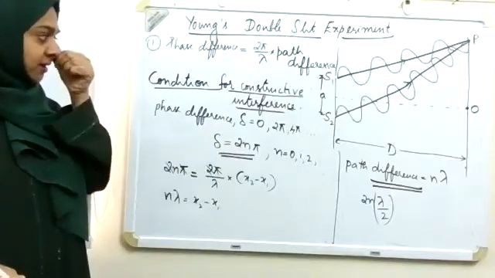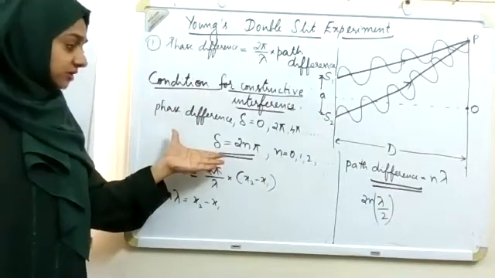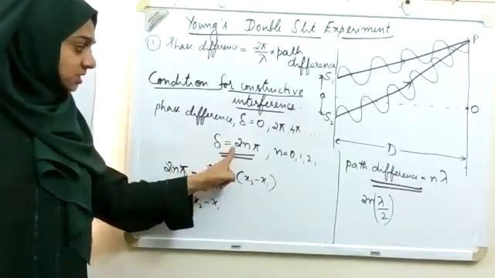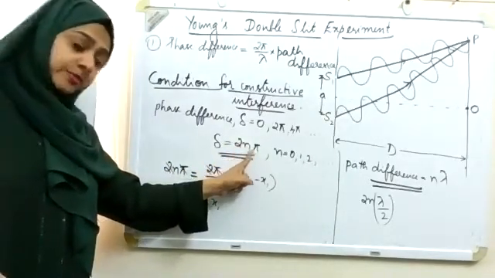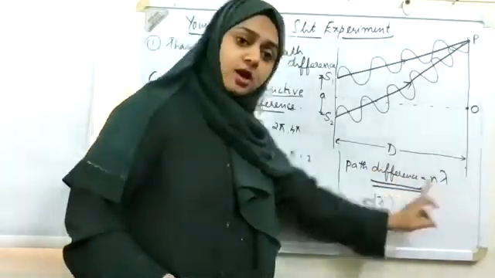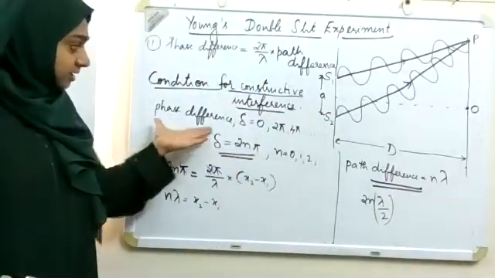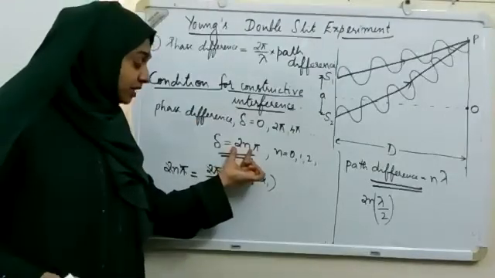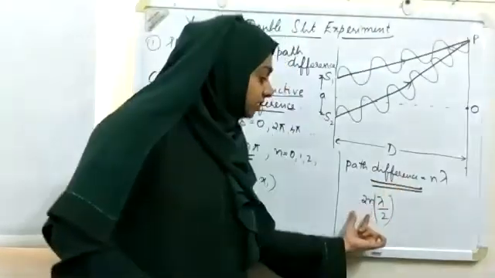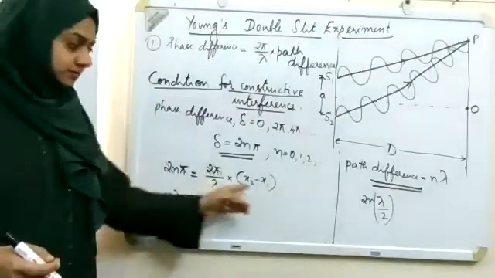So did you get the condition for constructive interference? Either you can say that the phase difference delta is equal to 2n pi, or that the path difference should be equal to n lambda, or 2n times lambda by 2. You can say that the phase difference should be an even multiple of pi, or the path difference should be an even multiple of lambda by 2. Is this part clear to you?